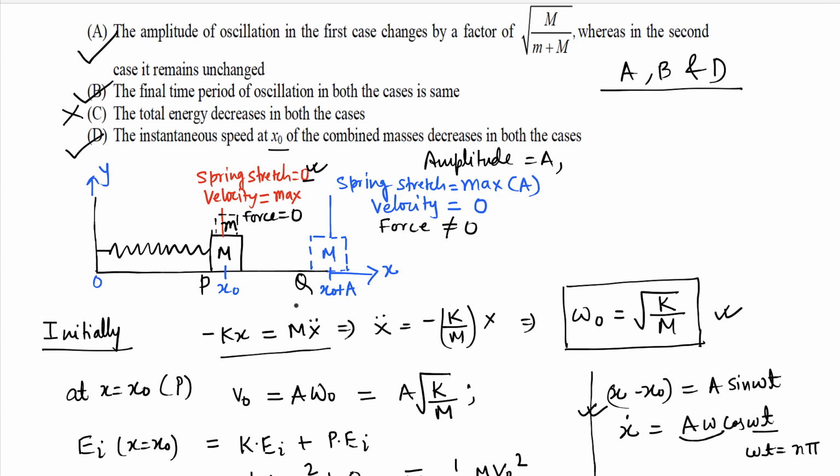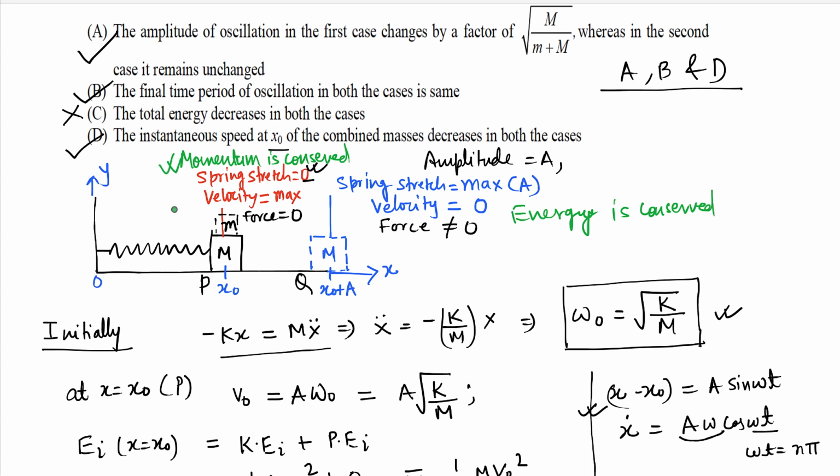Okay, so therefore we have a case where linear momentum is conserved, right? And here in this case energy is conserved. Why is momentum conserved?